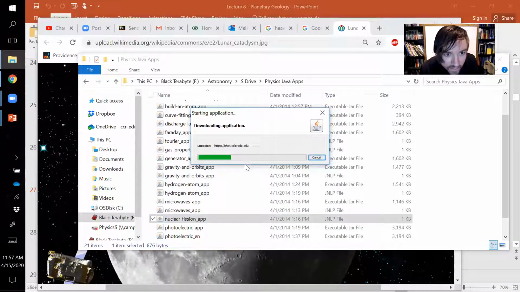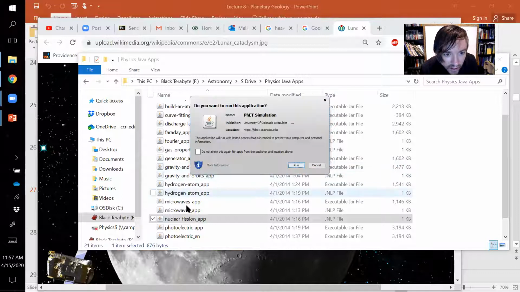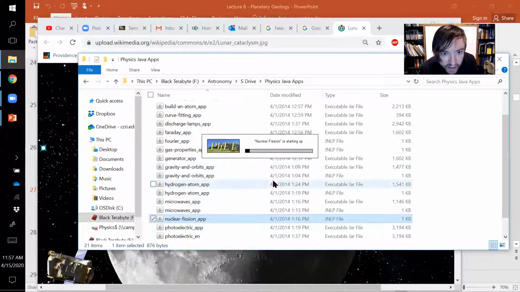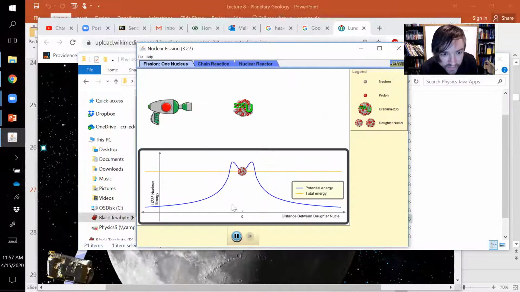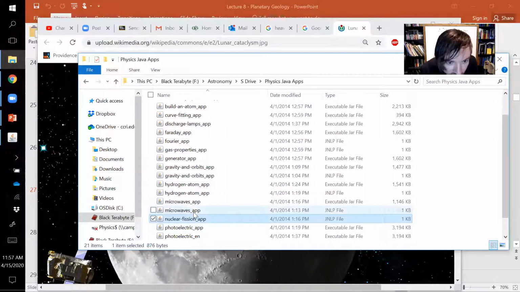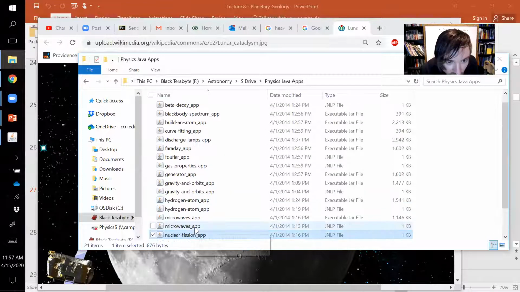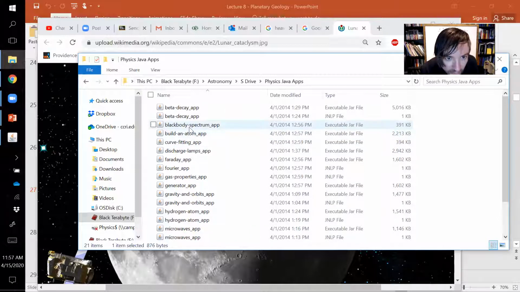This is one of them. Nuclear fission is starting up. And there's one other one I have, beta decay. The beta decay one is kind of cute too.